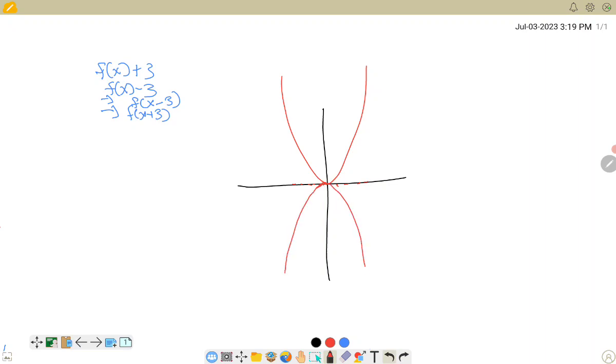And this is what it should look like if it was reflected. This should be the reflection in the x-axis. Okay, and so how would we do that? Well, you can verify to yourself that if I multiplied by the negative of this, it would end up being down here, and similarly the negative of this would end up down here. So to reflect in the x-axis, we should have negative f of x.